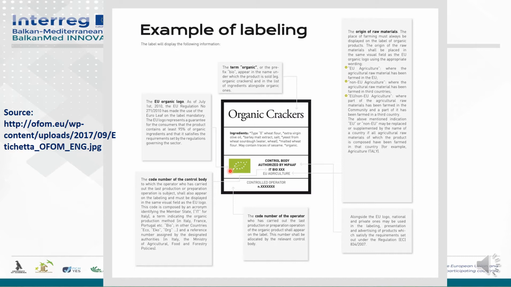This is the EU logo for organic production, or EU leaf, which can be used, or is used, since July 2010. And it can be used for the products that have at least 95% organic ingredients. I mean, it can be even 100%. And in this case, the logo can be used.